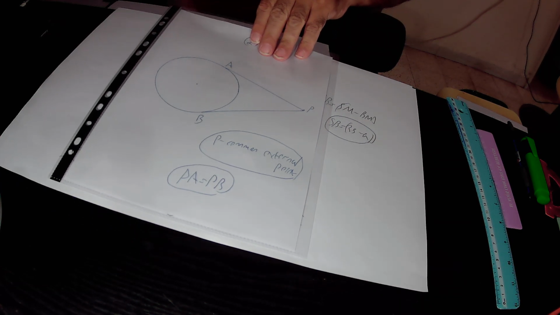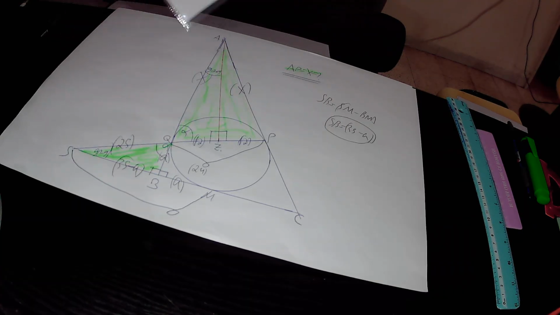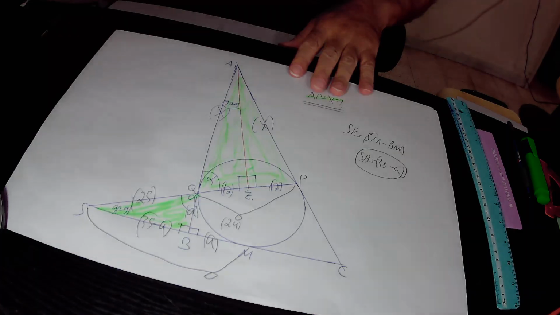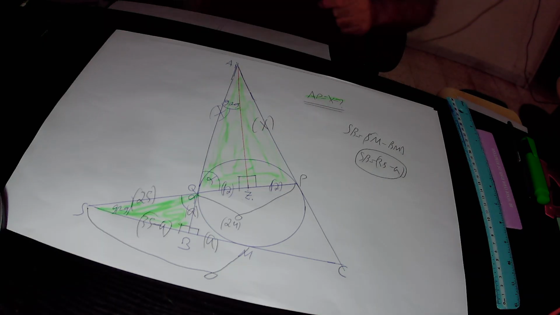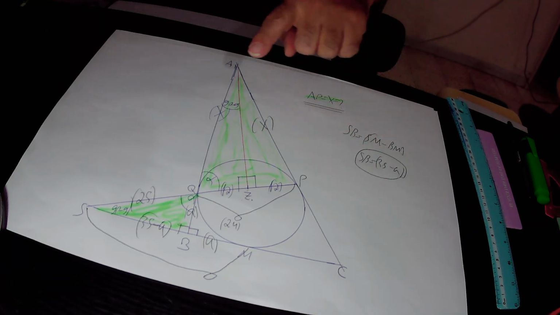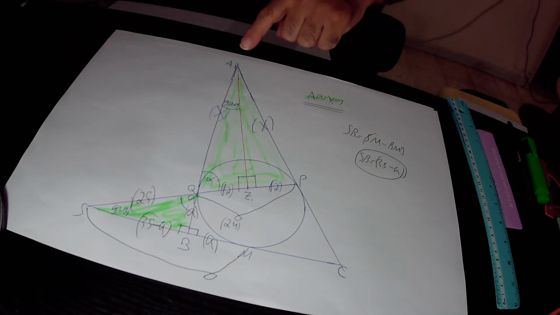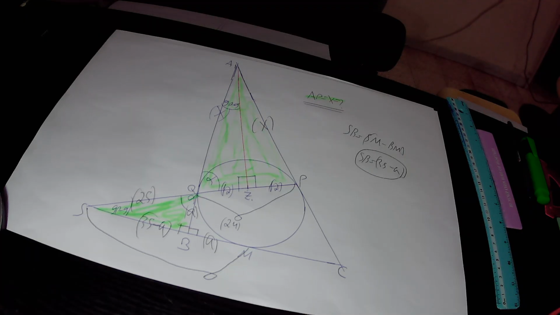So we can implement rule 2 in our drawing. This is the common starting point A. From point A, we have two tangents to this circle, tangent AP and tangent AQ. According to rule 2, AP equals AQ. But AP is x, therefore AQ must also equal x.